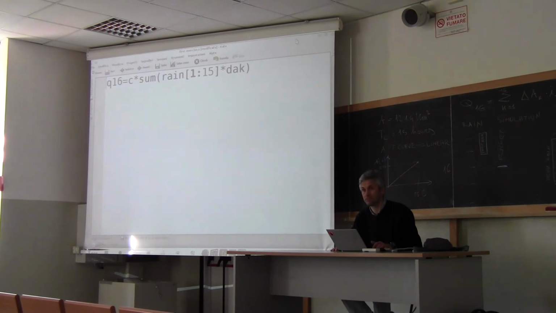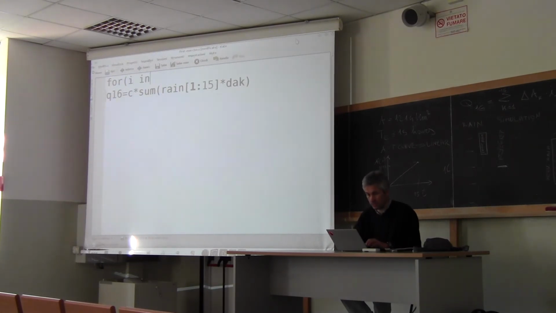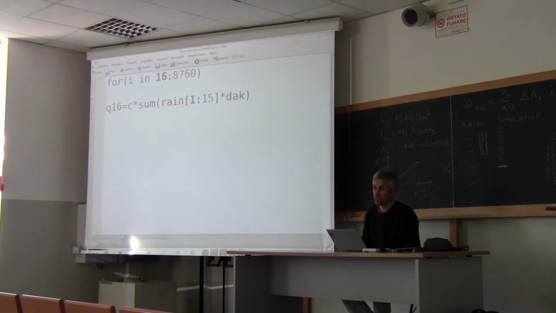Other questions? Okay, now let me stay here on the text file, and I inserted a blank line because here I need to put for i in 16 to, I think I can go until the end, yes. This is my for.